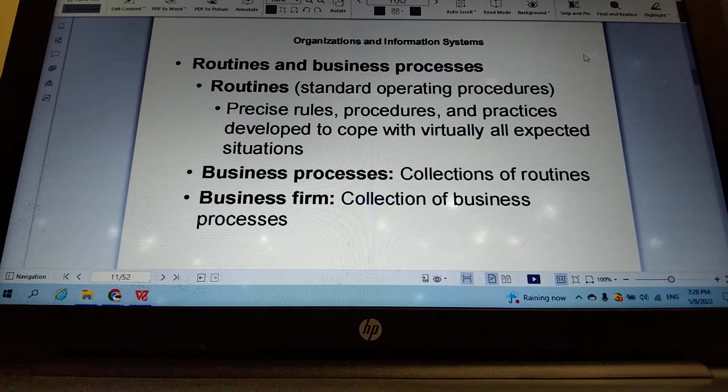These routines consist of precise rules, procedures, and practices developed based on experience within the company to cope with virtually all expected situations, either day-to-day work or weekly or monthly planned activities.